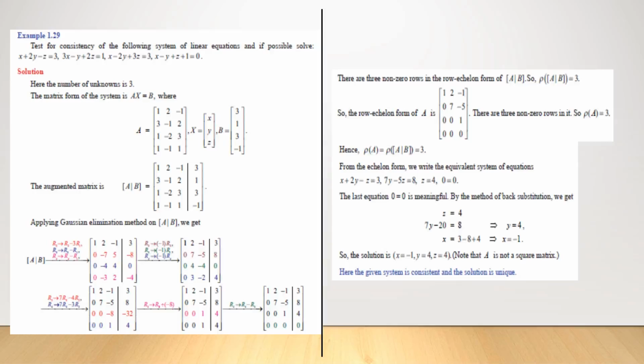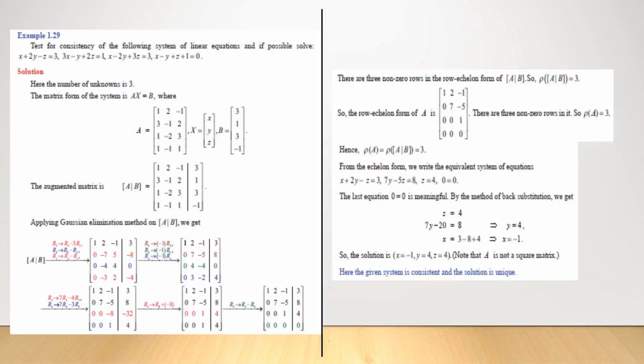Then make the second row first element, third row first element and fourth row first element 0 using R1 in the first step. Next, change the other elements to 0. See, here they multiplied by the minus sign. It is not necessary. If you do that, it is also correct.